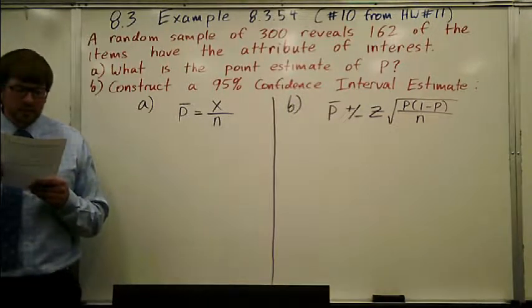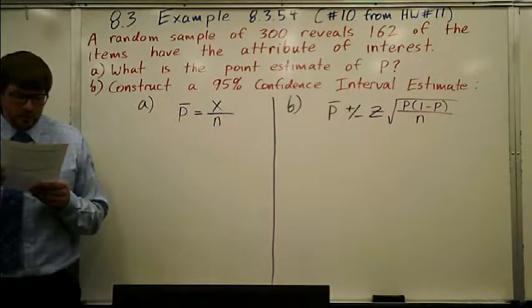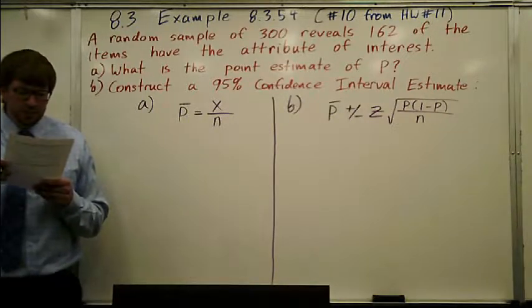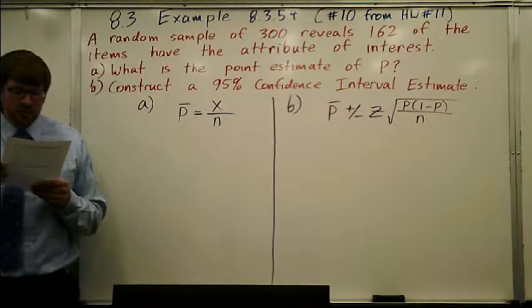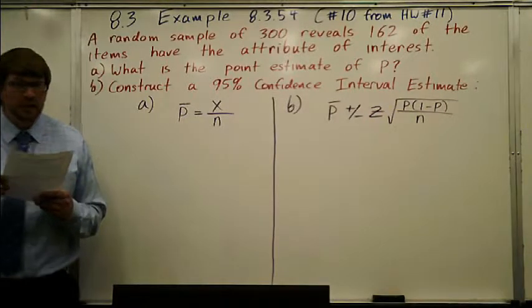Part A says, what is the point estimate for the population proportion for all items having this attribute? And part B is, use the information from the random sample to develop a 95% confidence interval estimate for the population proportion P of all items having the attribute of interest.